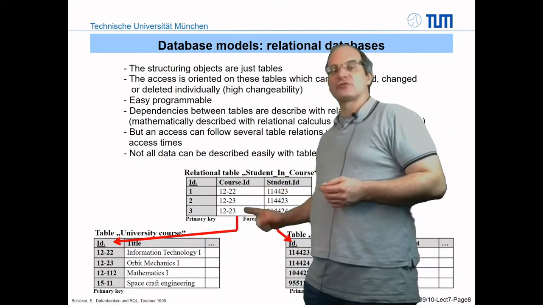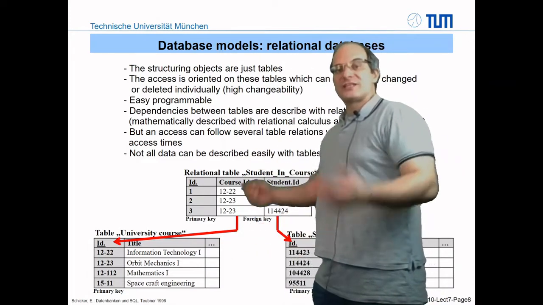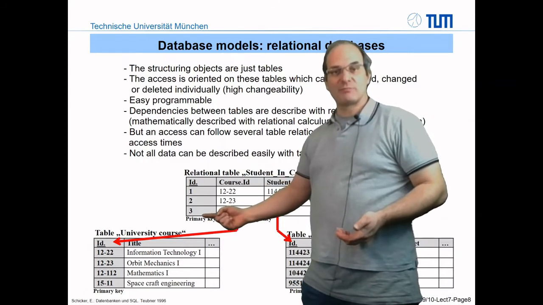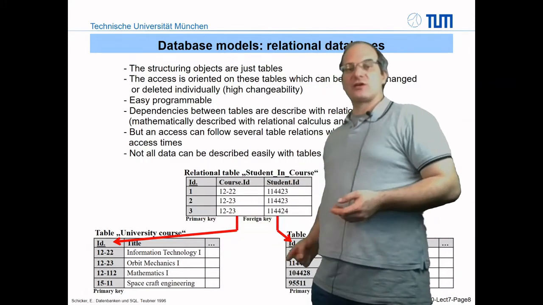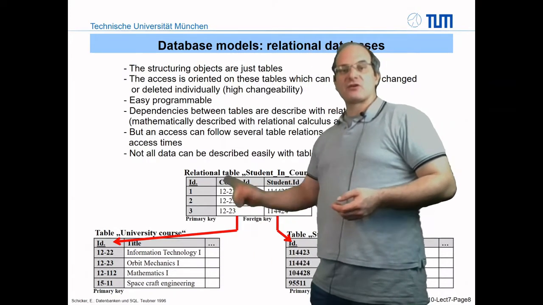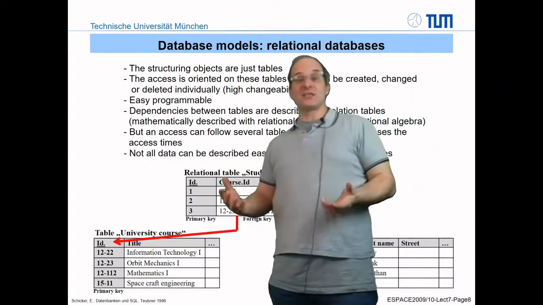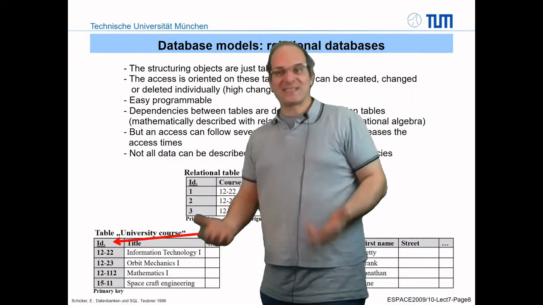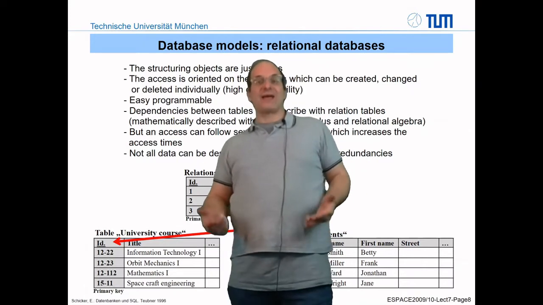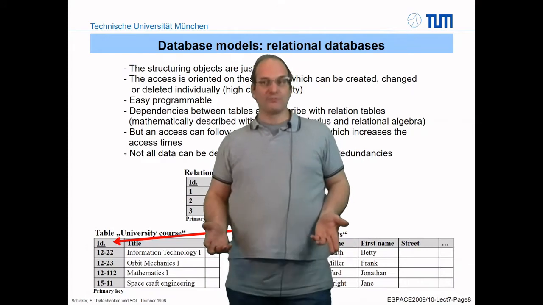So that if you search a combination between this and this, for example, which student is a participant of which course, so that you have a table of courses and a table of students, and you combine it with an additional table, you have a very less redundant setup, which is very nicely structured, and which also gives you a very nice overview.